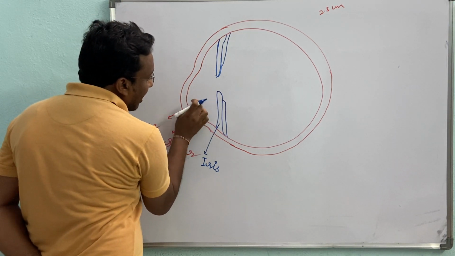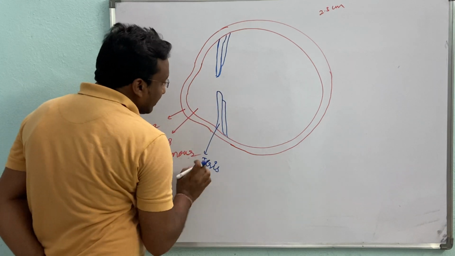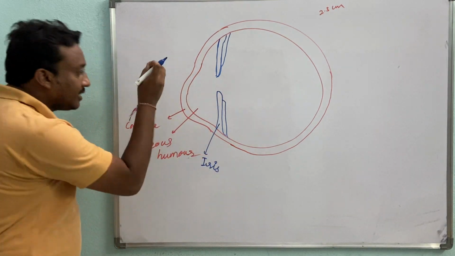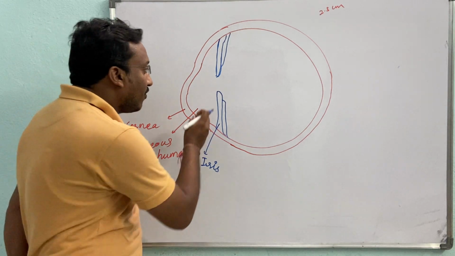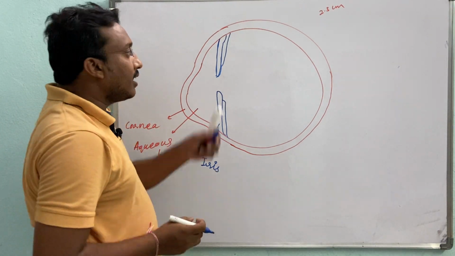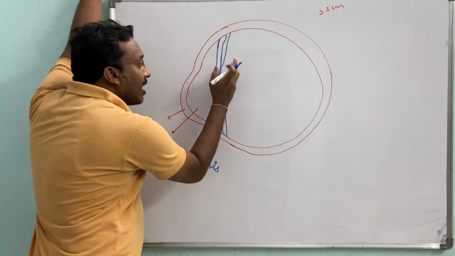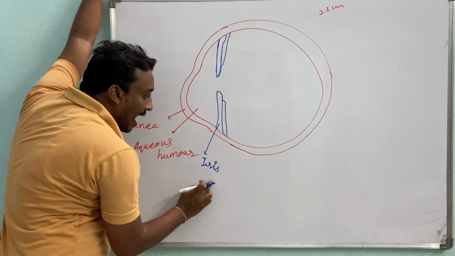Between the cornea and the iris, there is aqueous humor.